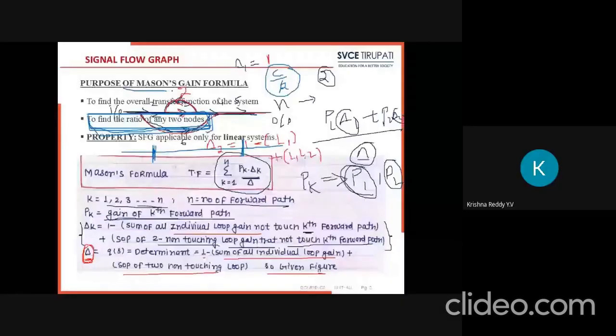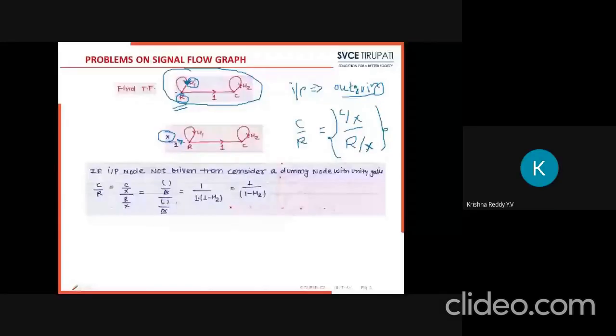Now here you need to calculate the ratio between R and C. Then we can calculate C by X divided by R by X. First of all, calculate C by X. Here we have two loops, L1 is H1 and L2 is H2, and one forward path, P1, whose value is 1.